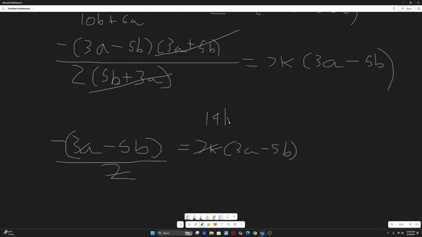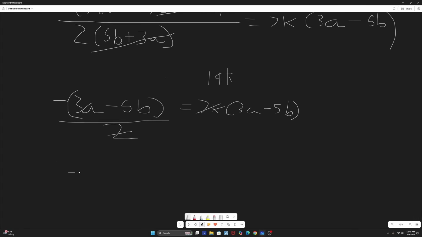And now we want to isolate wherever k is, so we're going to take this whole 3a minus 5b term right here, and then we are going to divide it on this side. So negative 3a minus 5b, take that, 3a minus 5b, then all that is going to be 14k.